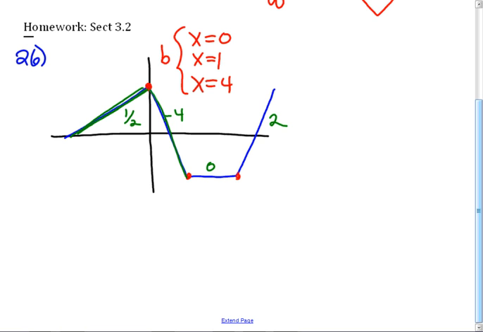So then if I draw the picture of that on here, I have a slope of 1/2. This is at 2, okay? So 1/2 will be about here. I'll just draw it. And this was a -4. Leave an open circle there because I don't know what it is there. So this is going to go down to -4, which is going to be over here till I get here. And then I'm going to graph 0 from here to there. This is a different way of thinking, isn't it?